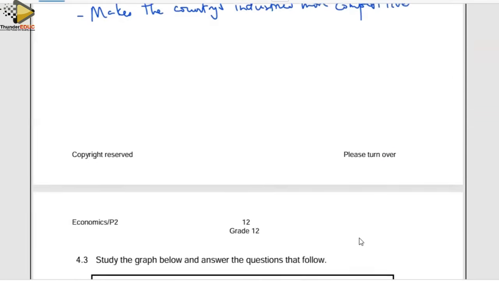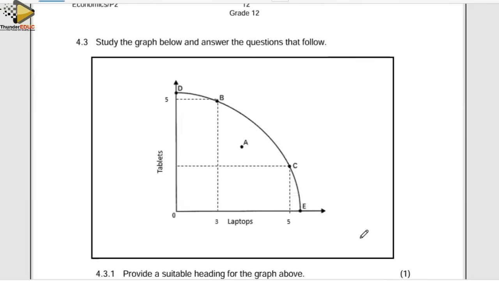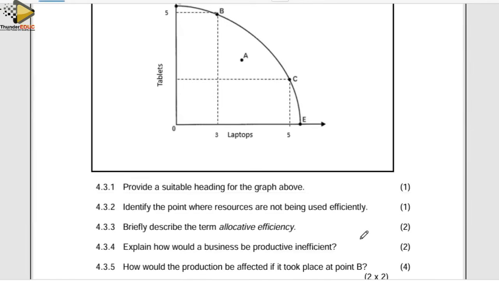Right. Let's go to the next question, question 4.3. It says, study the graph below and answer the questions. It's a PPC. Provide a suitable heading for the graph. I think I've already provided. It shows tablets versus laptops, which can be produced given the available resources.